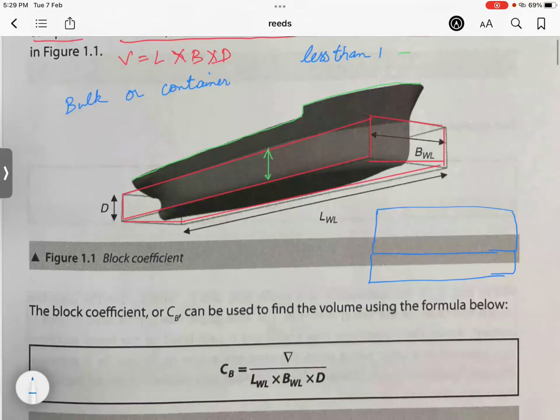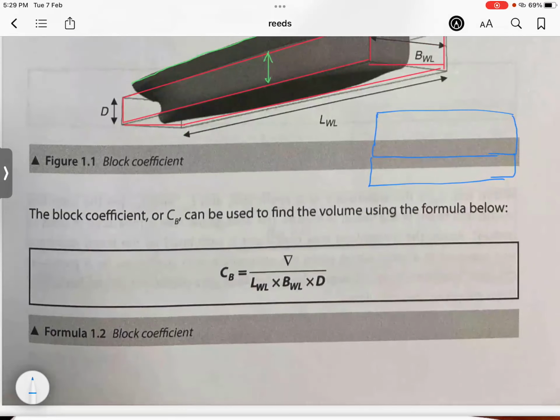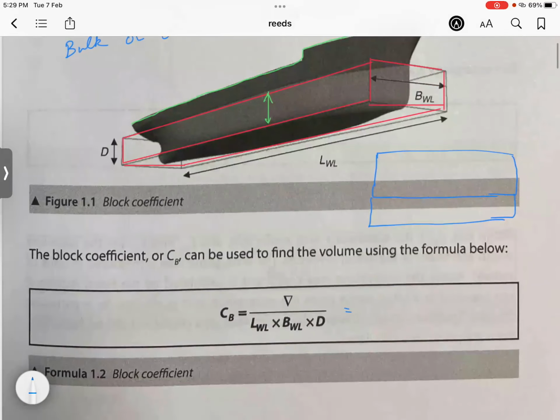Okay. So see, what is the formula of CB? When I multiply the draft into the width into the length, what I get? I get the underwater volume, right? That is denoted by nabla. This inverted triangle is called the underwater volume.